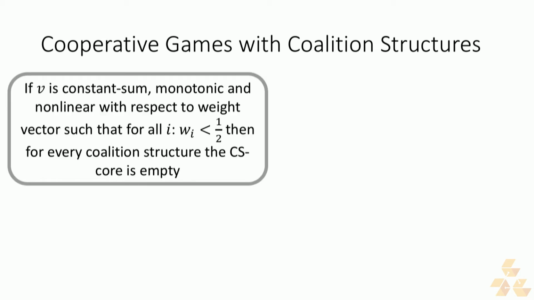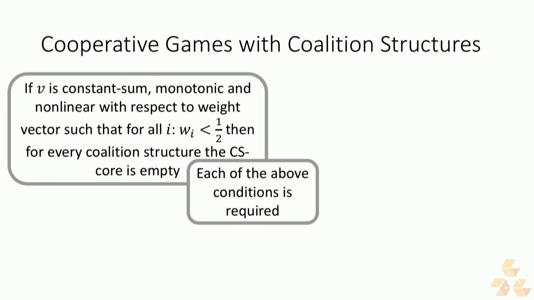We show that if we have a game that has these three properties, then for every coalition structure, the CS core is always going to be empty, with another requirement that we don't have a too strong player, so no player controls at least 50% of the resources here. So no matter what the coalition structure is, there are always going to be some subsets of players that say we are better off leaving our team and forming a new team.